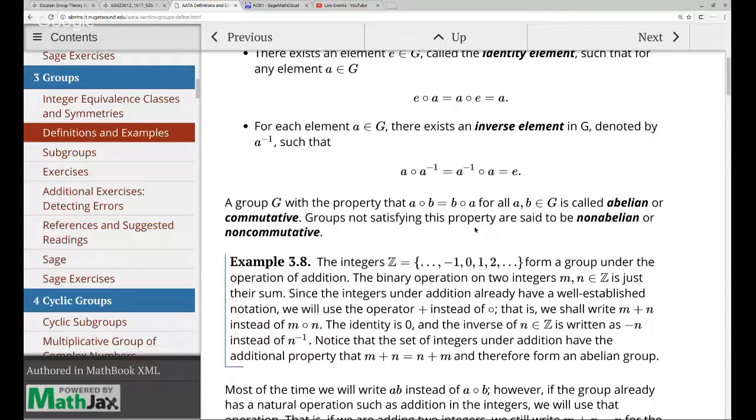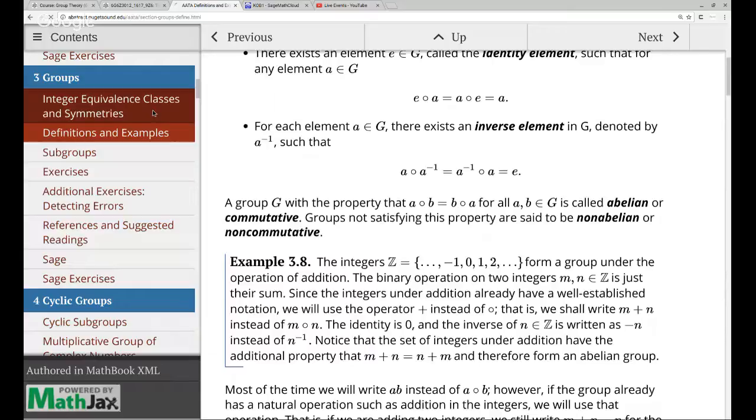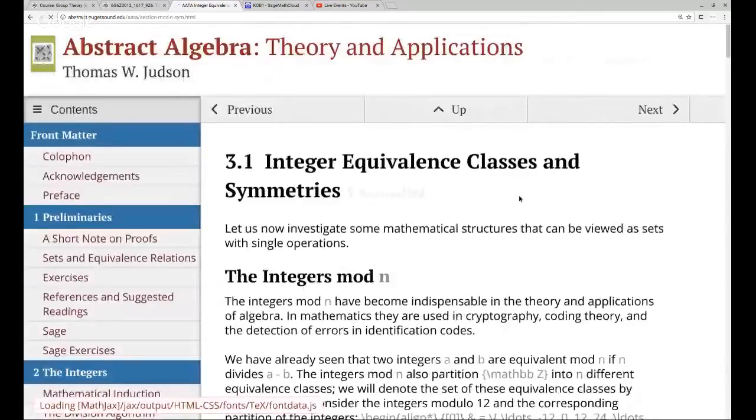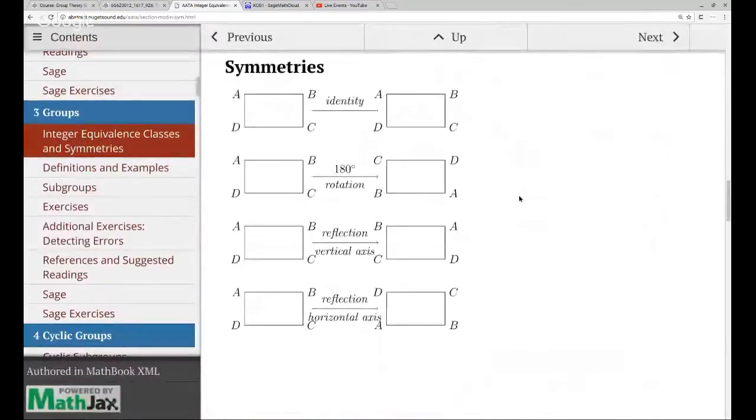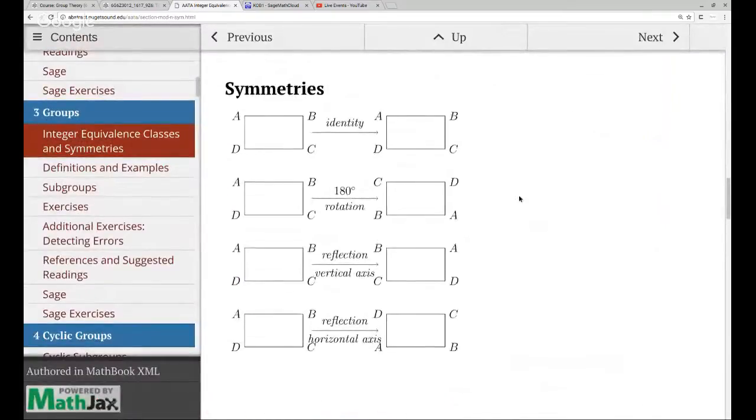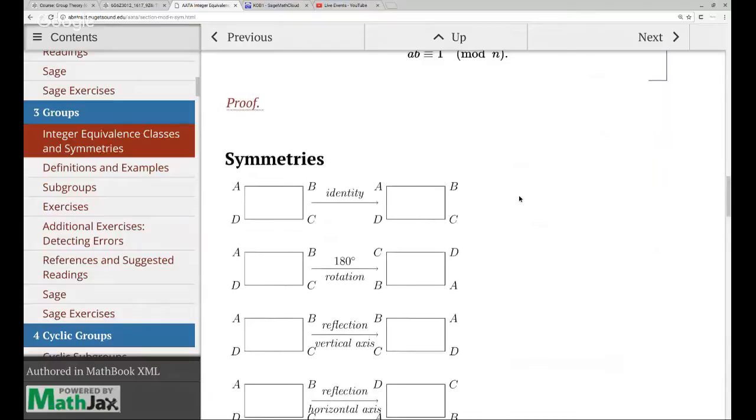So let's look at another type of example, a kind of example that isn't based on a number system. And it's this example here. Now, this is our first look at what's called a symmetry group.